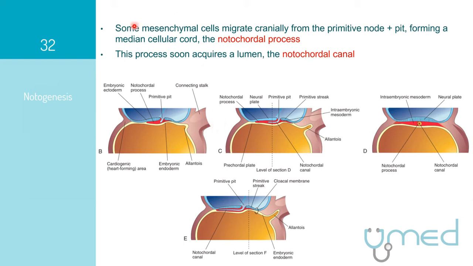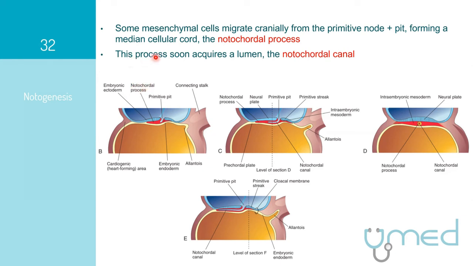Okay, so some mesenchymal cells migrate cranially from the primitive node and the primitive pit, right? So from this portion here, migrate in this direction, forming a median cellular cord, right? Called the notochordal process. So you can see this notochordal process right here.